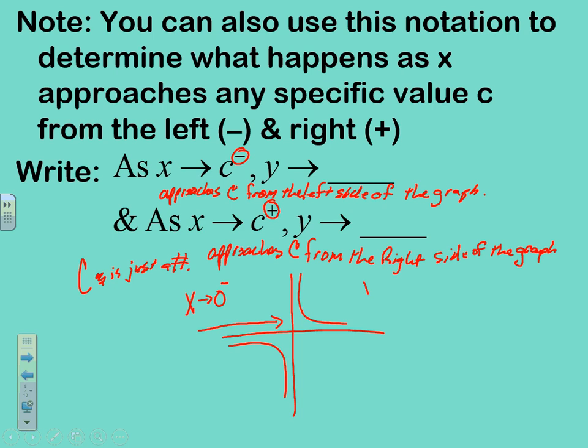And here we would say, as x approaches 0 from the right side, what does y do? That's basically what this notation is asking you to understand. Instead of going to the left forever, to the right forever, to an extreme, instead we're coming inwards from the left side or the right side, approaching a particular number, and then evaluating what y does.